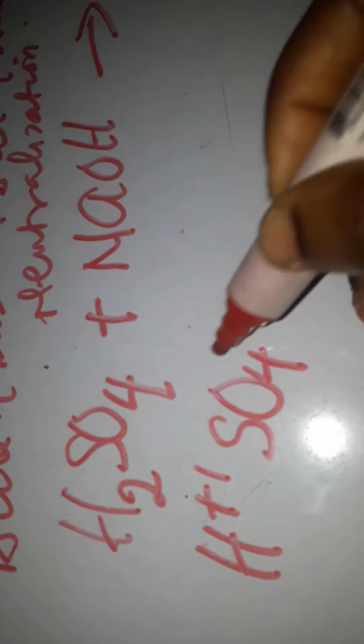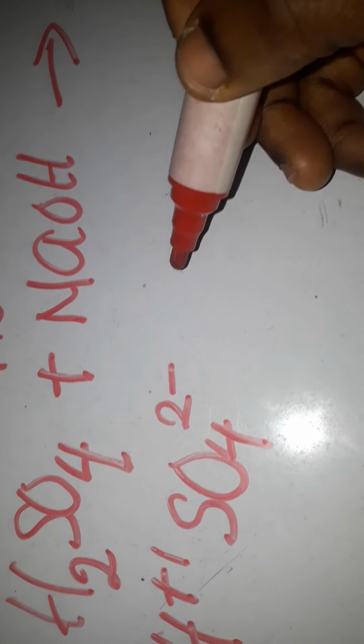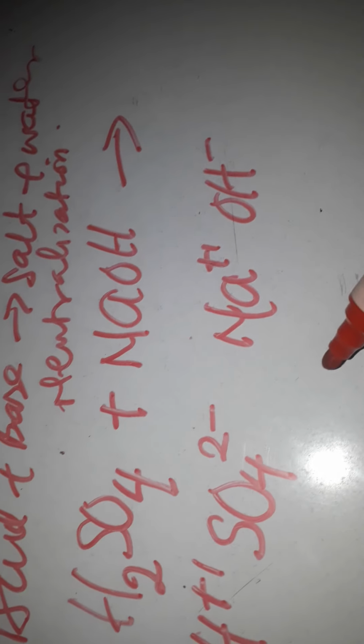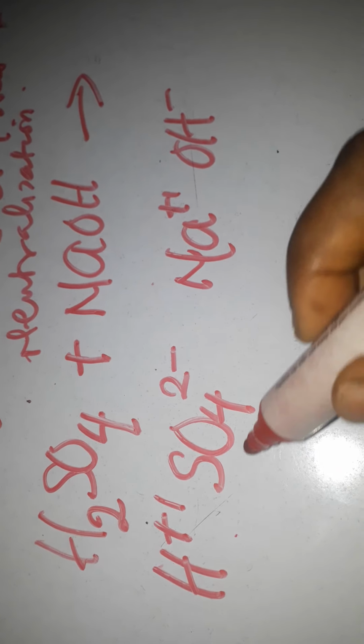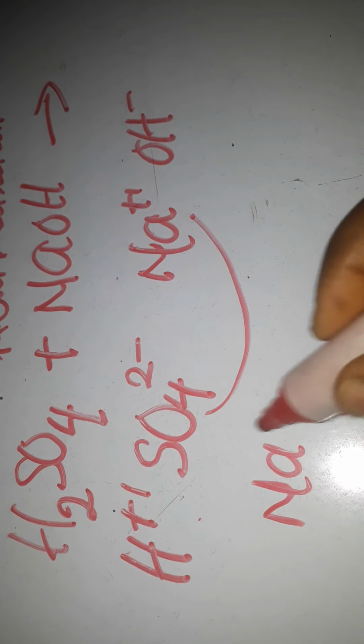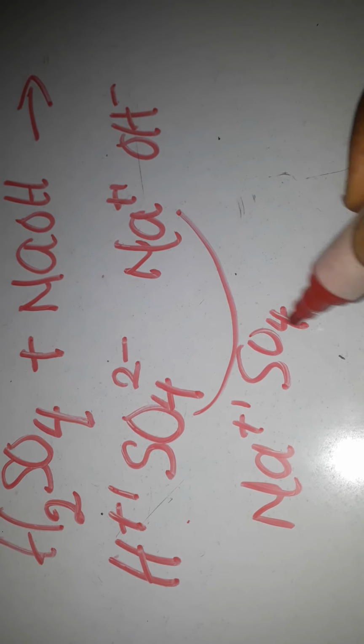When these two react together, they split into their ions. Hydrogen has +1, the tetraoxosulfate VI ion has -2, sodium has +1, and the hydroxide ion has -1. When you combine them, the positive combines with the negative, so you have Na+ and SO4 2-.